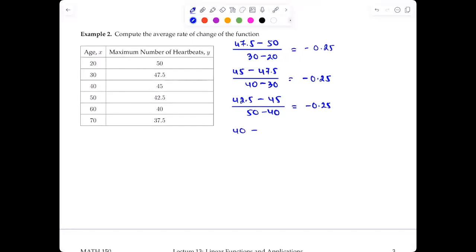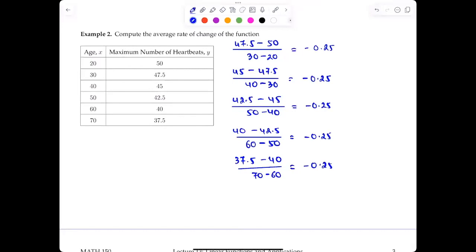You have 40 minus 42.5 divided by 60 minus 50, negative 0.25, and 37.5 minus 40 divided by 70 minus 60. This gives you negative 0.25 as well.